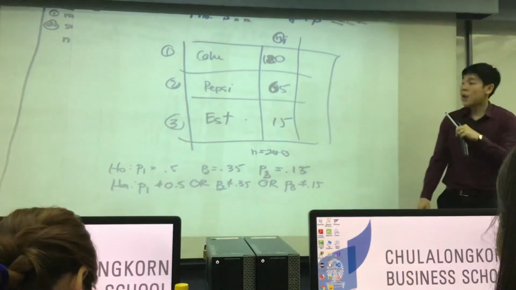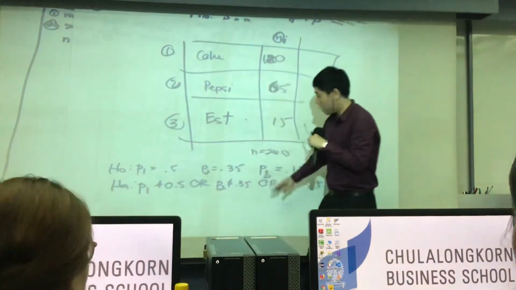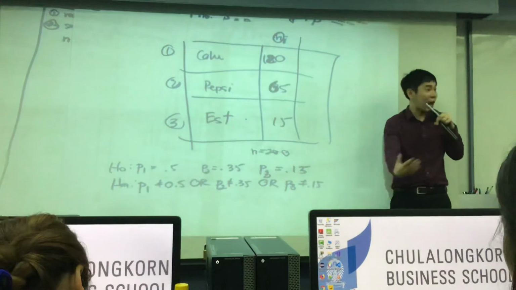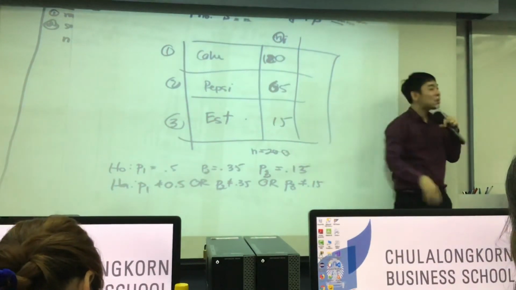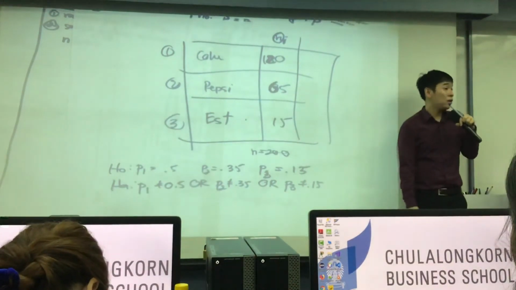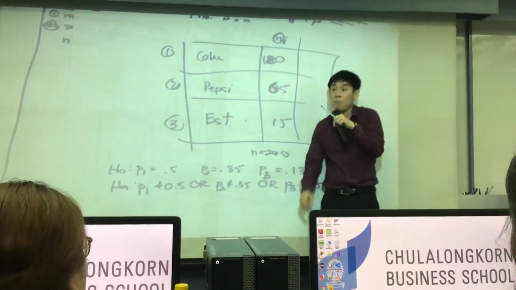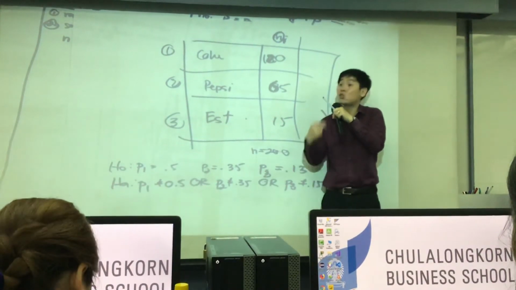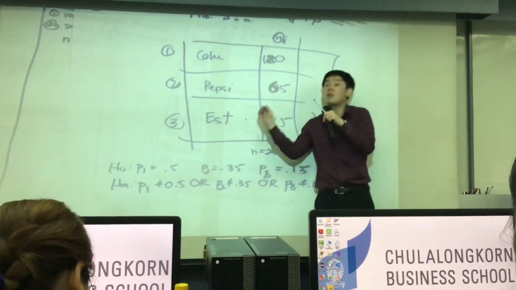Now, if H0 is true, keep in mind they all equal to some number that you have in mind. Below here, H_a is at least one of them is not equal to what you have. It doesn't have to be different from what you expect. At least one of them. But when at least one is different, it will be at least two different. Okay? But to make it simple, at least one different.